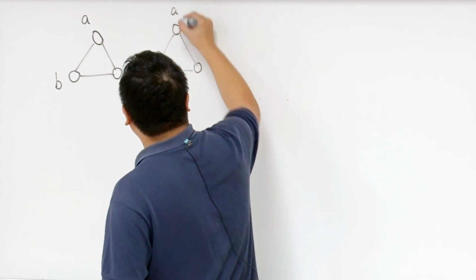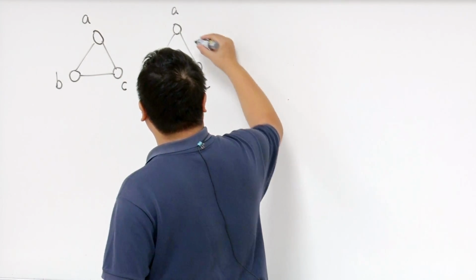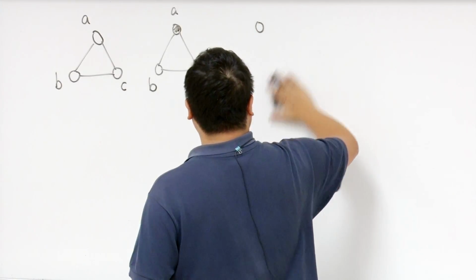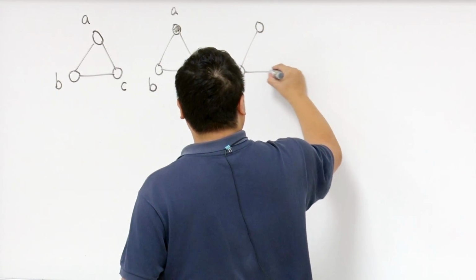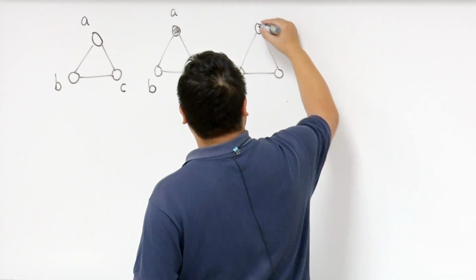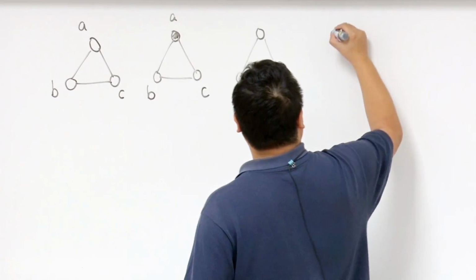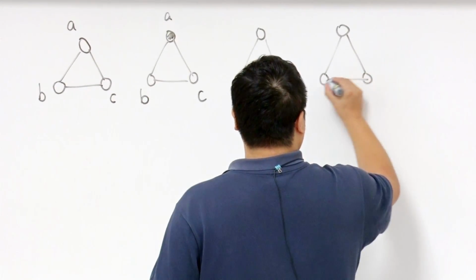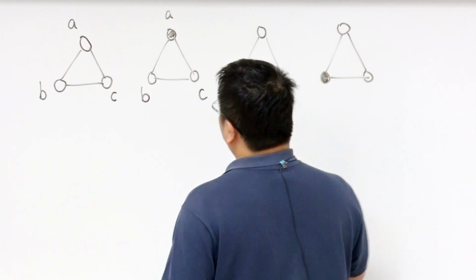So we will have another ABC which is colored like this, or we may color this one, or we may color this one. Is that okay?